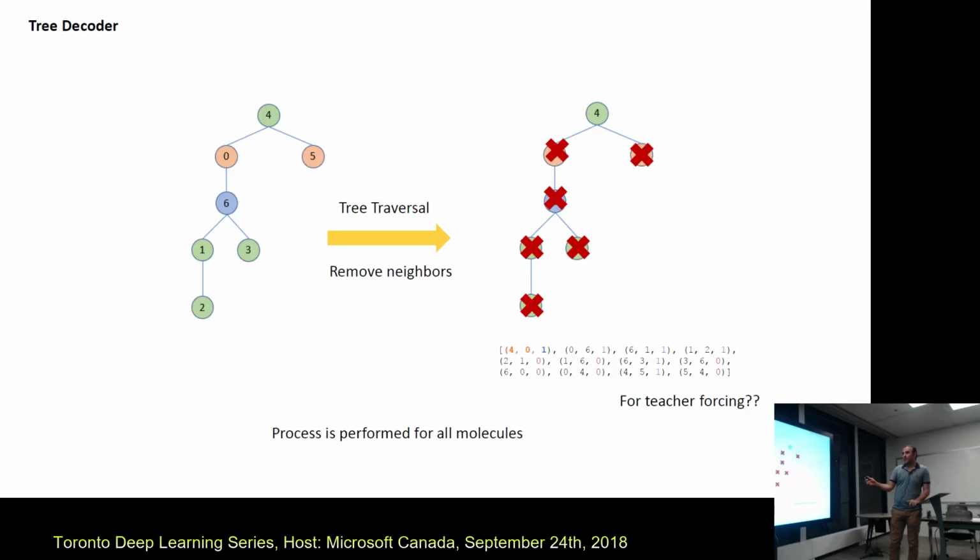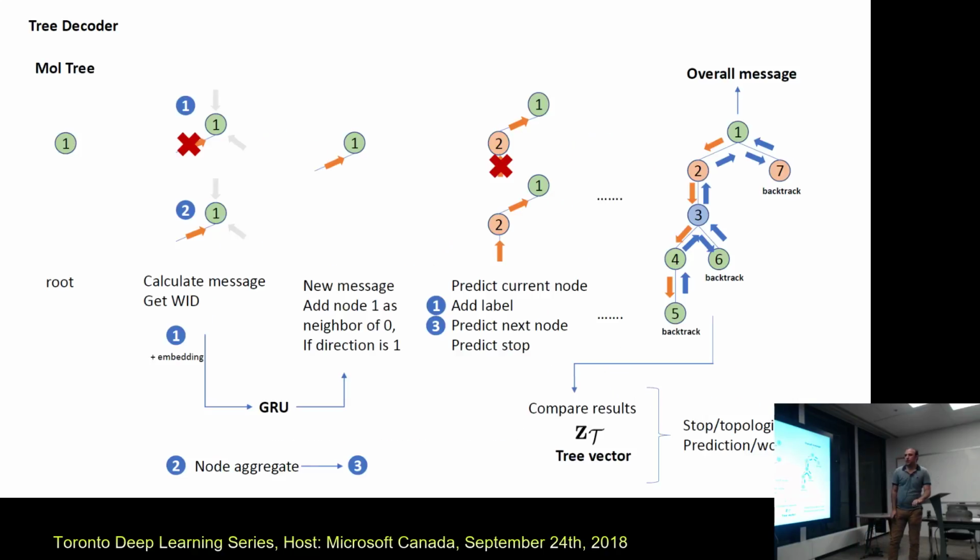Now, I'm not entirely sure why they do this. They talk about teacher forcing. This might be the reason, so that they can teach the model where it makes mistakes, but I'm not entirely sure. Now, how does the decoder work? The decoder starts by generating the root, and then the process is very similar to the junction tree process, but this time you don't have the whole tree structure.